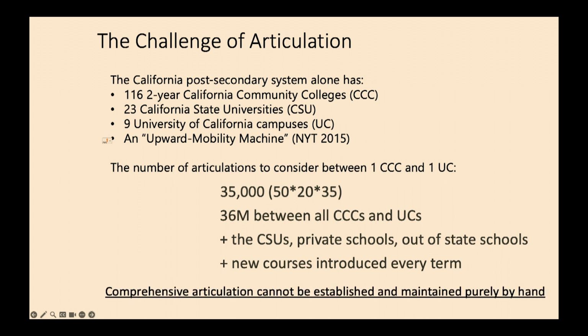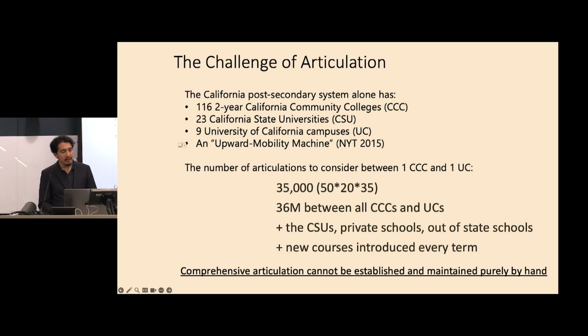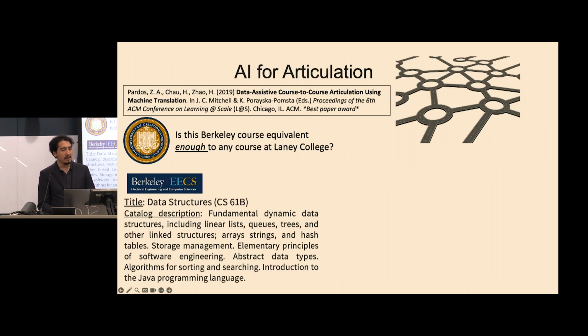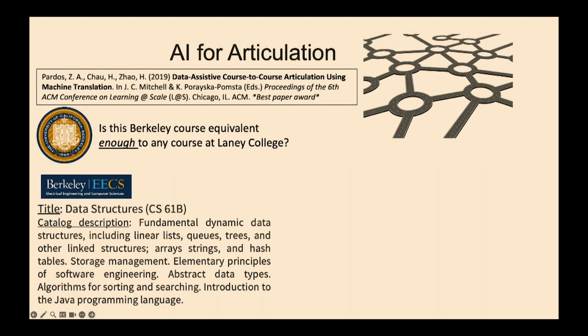So comprehensive articulation, where you're not missing things, is somewhat easier to do with your neighbor community college, right, but to comprehensively do it equitably to all schools is not possible by hand. So we tried an algorithmic approach to evaluate using natural language.